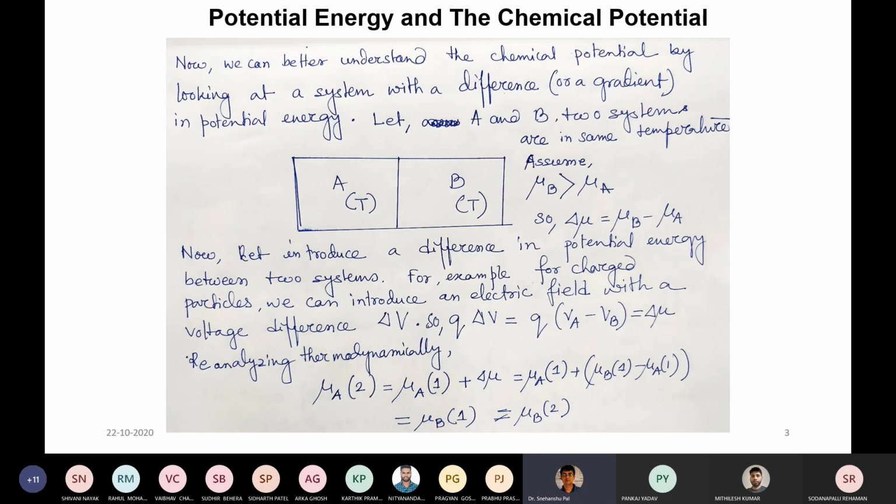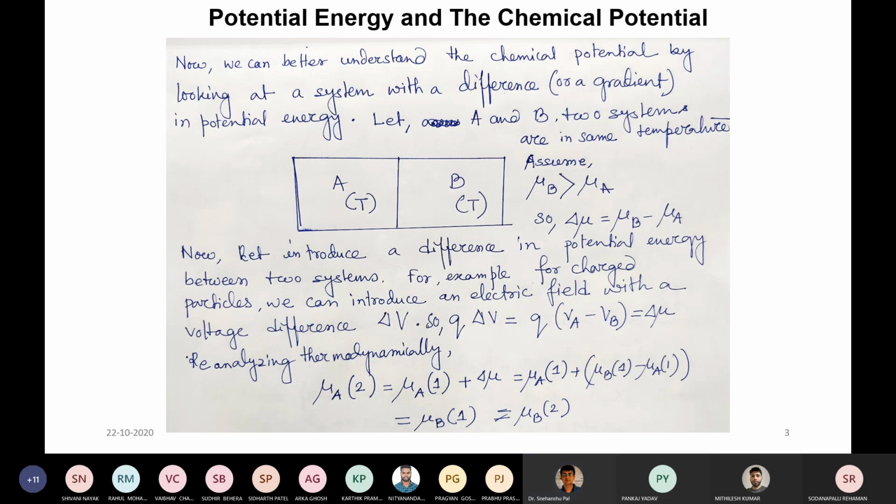Now, if you want to correlate the potential energy and the chemical potential, then you have to understand how chemical potential will vary if you look at a particular system.